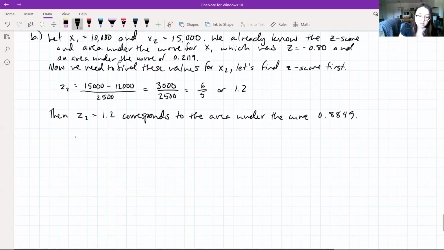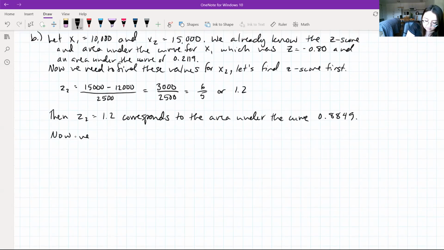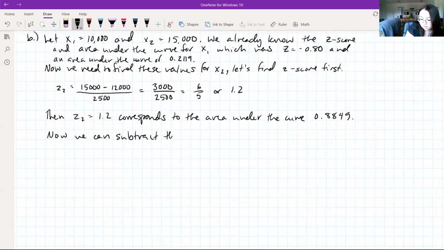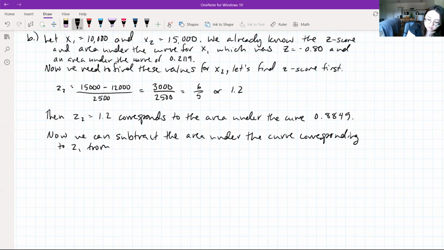So now that we've found these, now we can subtract the area under the curve corresponding to z1 from the area under the curve corresponding to z2.